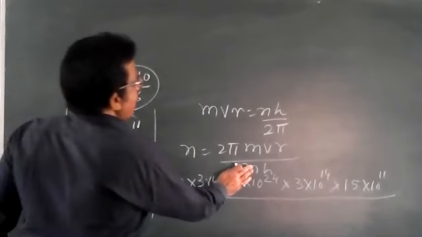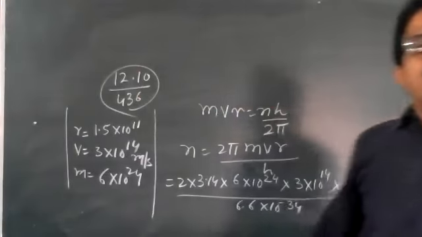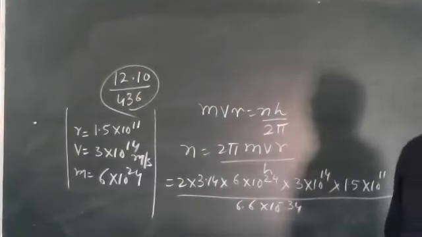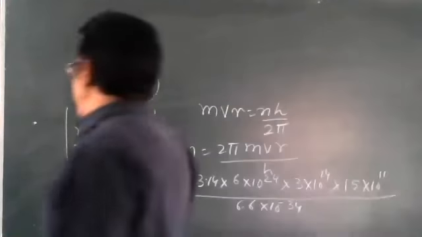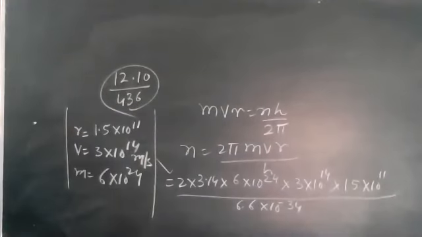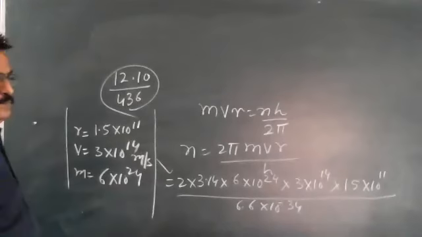You have to find n, so below there is only h, that is 6.6 into 10 raised to power minus 34. All the values I have put here. Now it is your problem how to solve and how fast you solve it. Solve it.